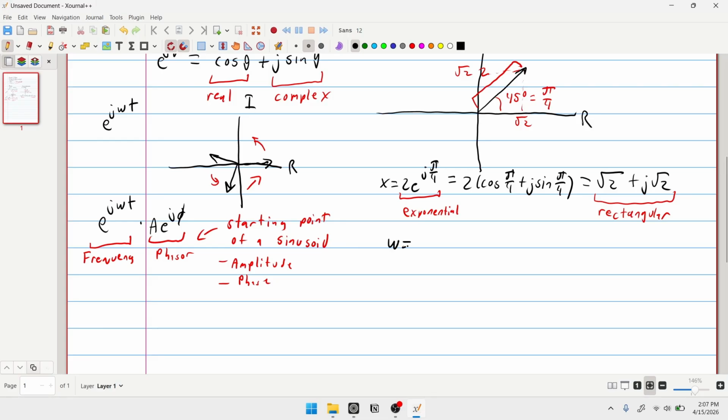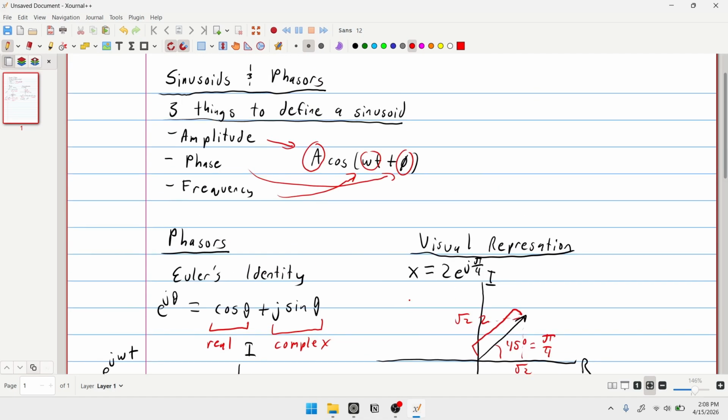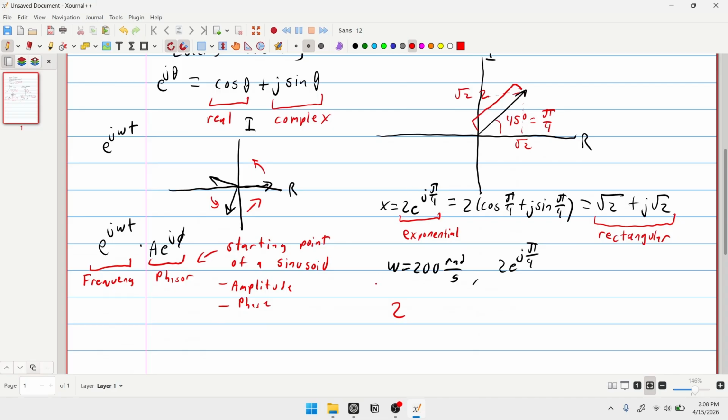So let's say we have a frequency of 200 radians per second, and a phasor of 2e^(j pi over 4). To get the time expression for this, we get the amplitude. If we look back here, we have A times cosine of omega t plus phi.